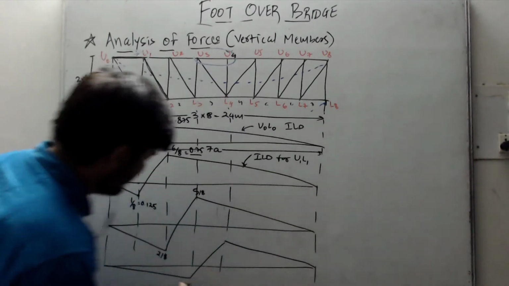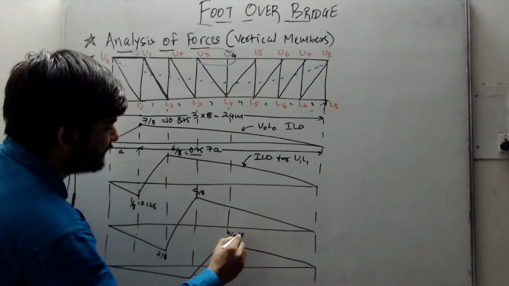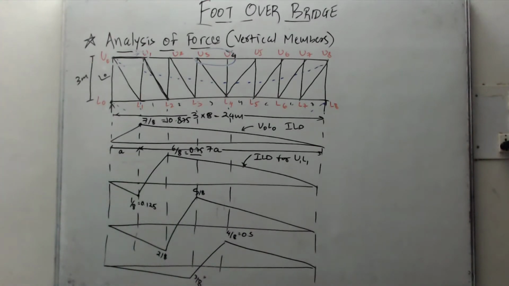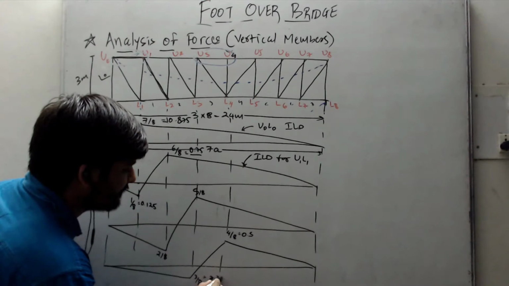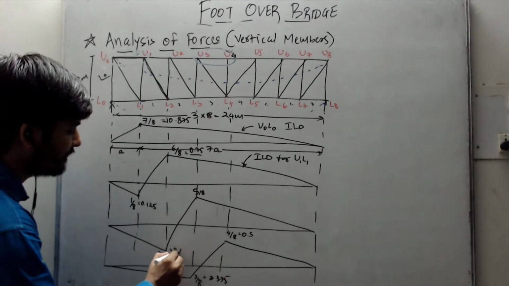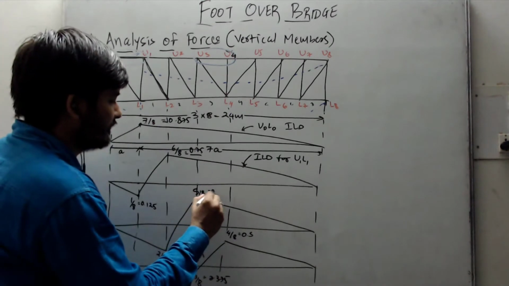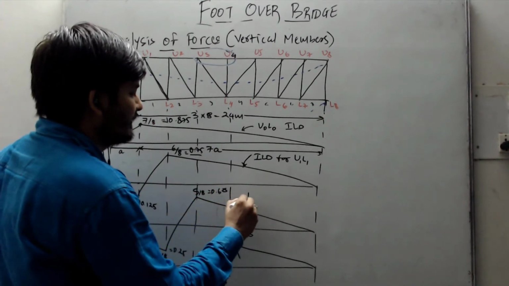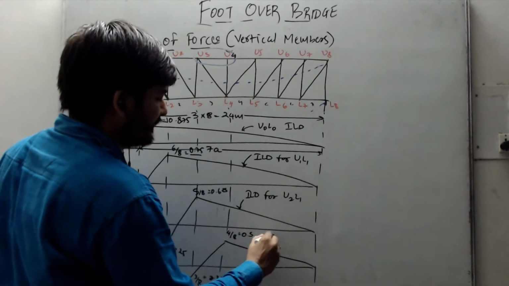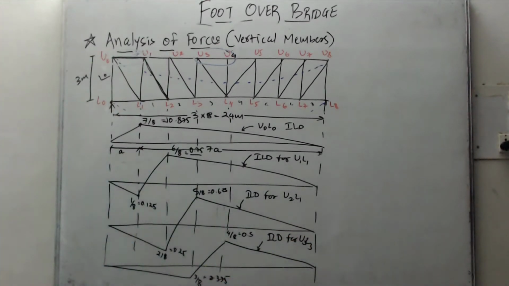Here the value will be 3 divided by 8 and here 4 divided by 8, which is 0.5, and at the bottom I will get a value of 0.375. Similarly 2 divided by 8 is 0.25, and 5 divided by 8 is 0.625. So this is the ILD for u2 l2, and this one is the ILD for u3 l3. This is how we draw the influence line diagram for the vertical members.